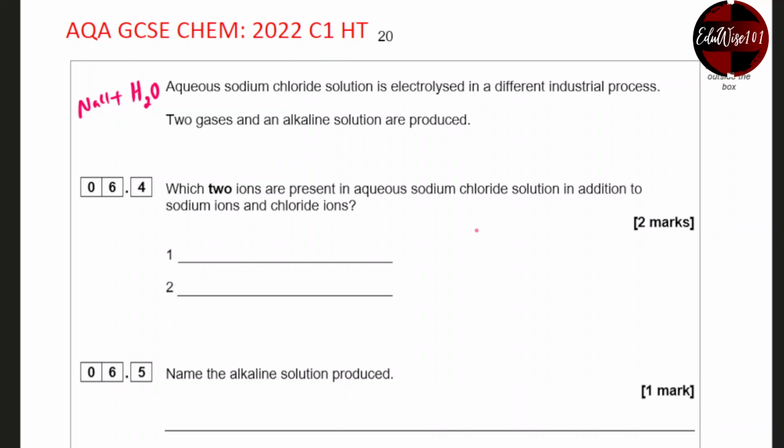Now water, H2O, will actually break into H+ ions and OH- ions. You can say hydrogen ions or hydroxide ions, but if you're writing the symbols, you need to make sure the positive and the negative sign is not below or in the middle. It should be above.